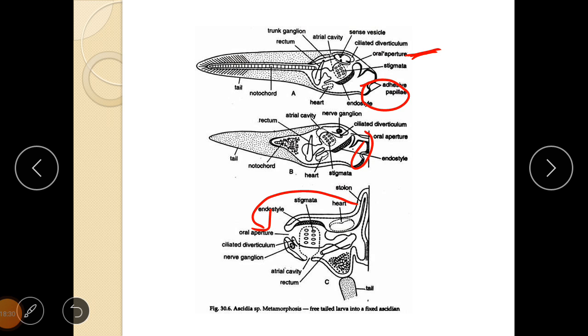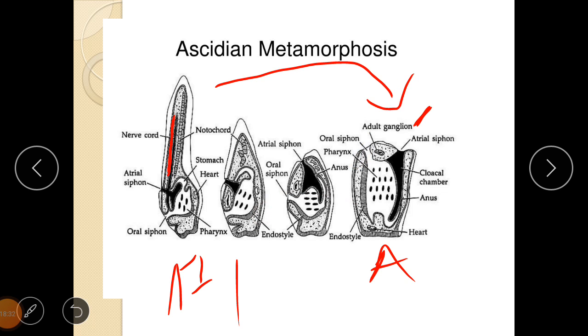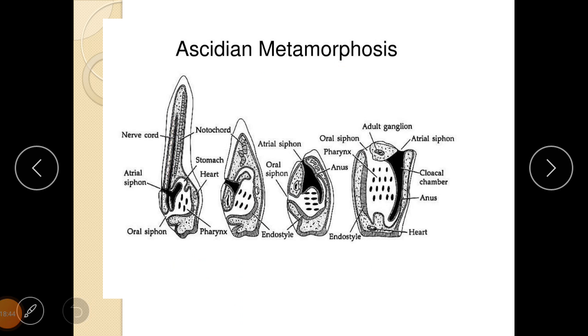Okay, which we call a retrogressive metamorphosis. So you could see clearly the changes which happen in the larva from here. Shifted from here to here means totally it is shifted from this region to this region, which is a 90-degree movement, right?